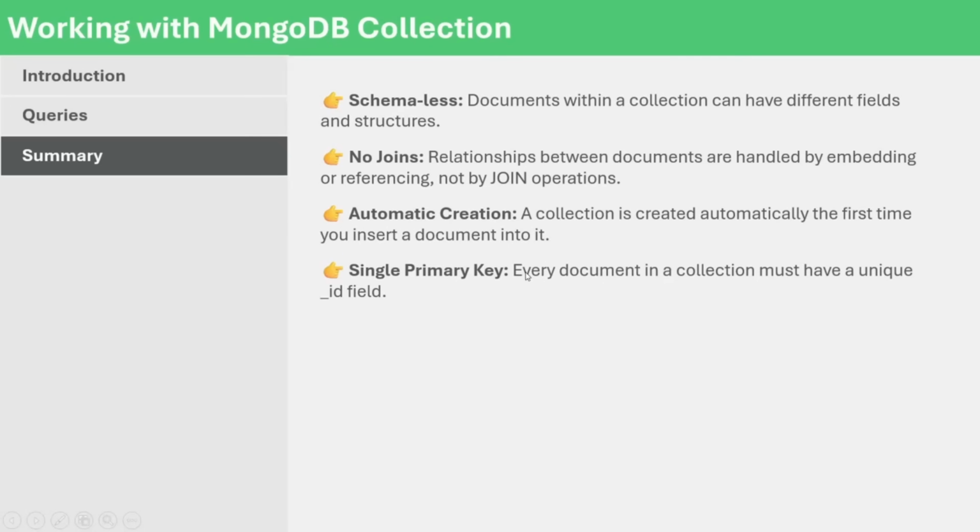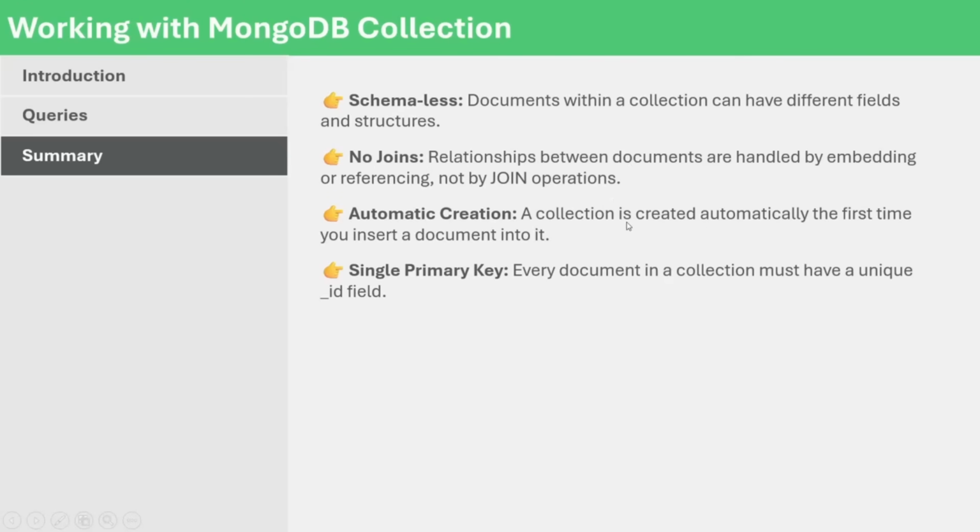As we have learned before, in a collection, the documents are schemaless. Two different documents in the same collection can have different fields and a different number of fields. Also, in a collection, when you store a document, if you want to store the related data for that document in the same collection, you can do that with the help of embedded documents. So we don't need to have joins between two collections in order to fetch related data.